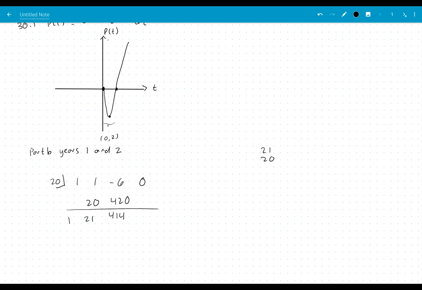And 414 times 20 equals 8,280. Then we add 0 to that. 8,280. So since it's modeled in hundreds of dollars, that means that we're going to make $828,000 in the year 2020.